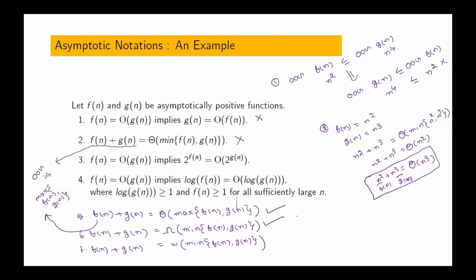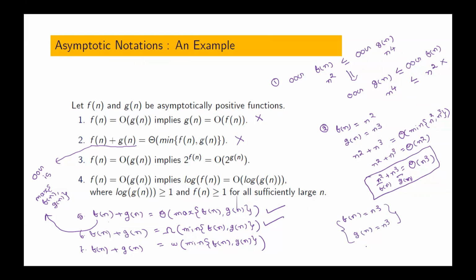So for example, if I take f of n as n cube, g of n also as n cube, then what is the order of growth of f of n plus g of n? N cube.